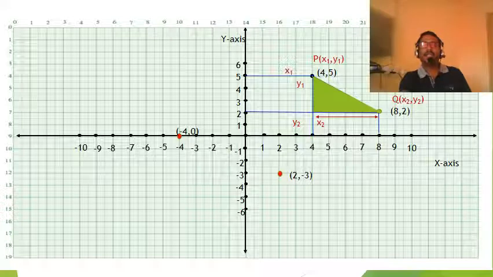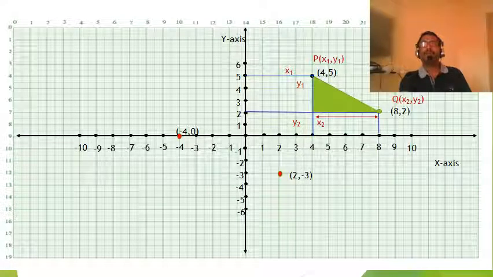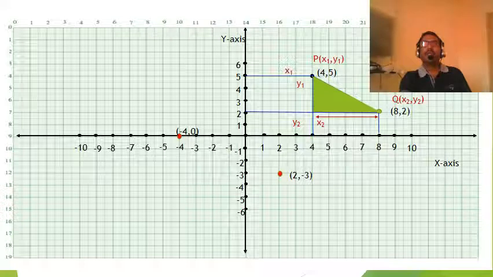See here, from this point on the x-axis, the point Q is 8 units far from the y-axis, and P is 4 units far.